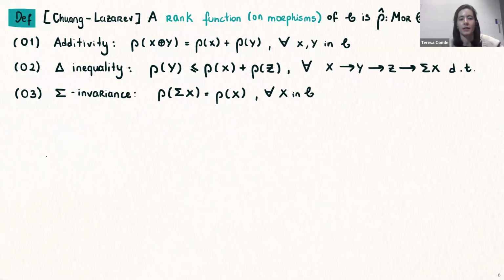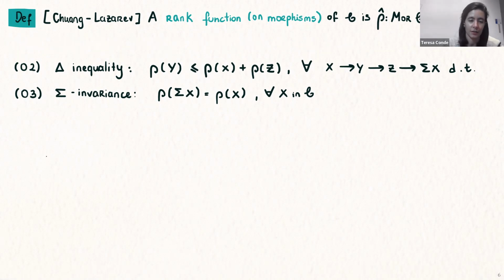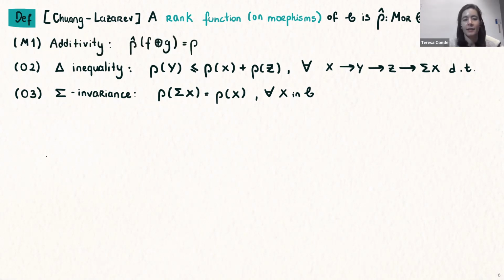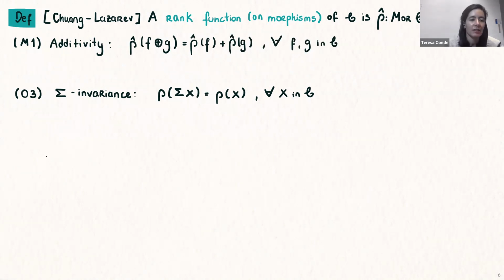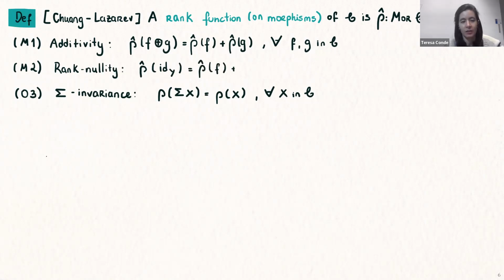So we say that a rank function on morphisms is just a function now from the morphisms of the triangulated category to the non-negative real numbers, and now additive on objects is simply replaced by the corresponding additive on morphisms. The triangle inequality condition is replaced by a rank-nullity condition.